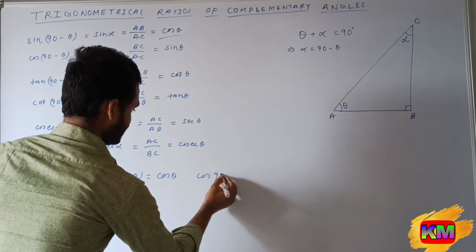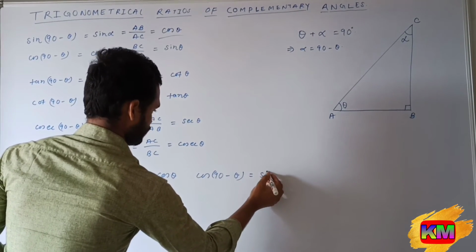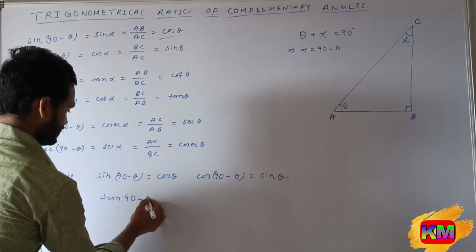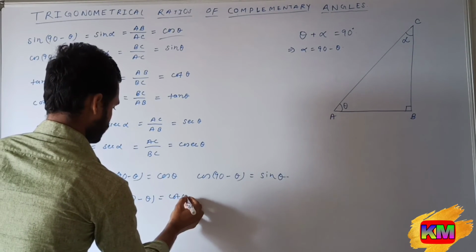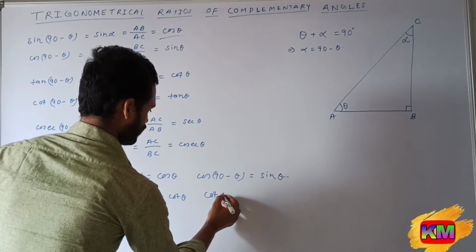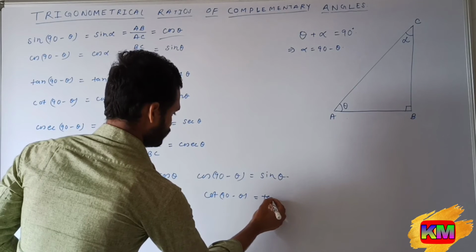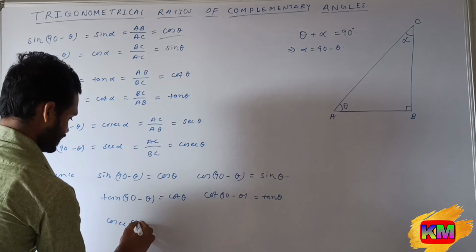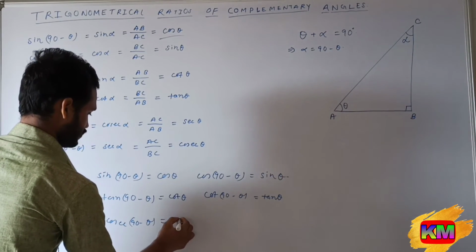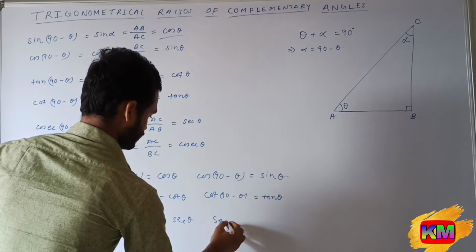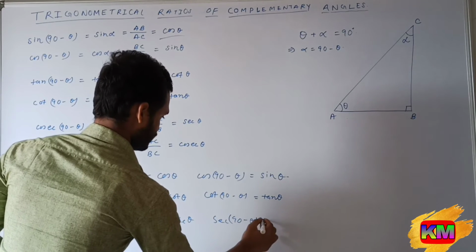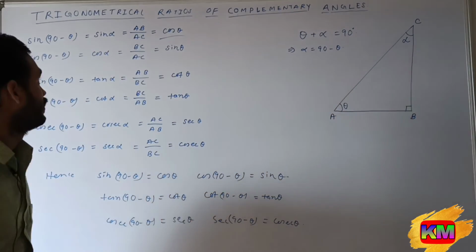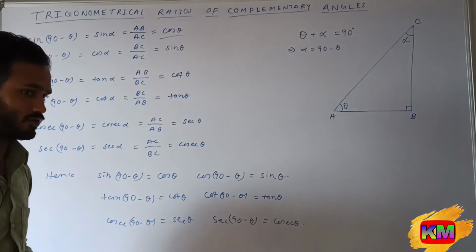Similarly, cos 90 minus theta equals sin theta, tan 90 minus theta equals cot theta, cot 90 minus theta equals tan theta, cosec 90 minus theta equals sec theta, sec 90 minus theta equals cosec theta. And these are very useful formulas.